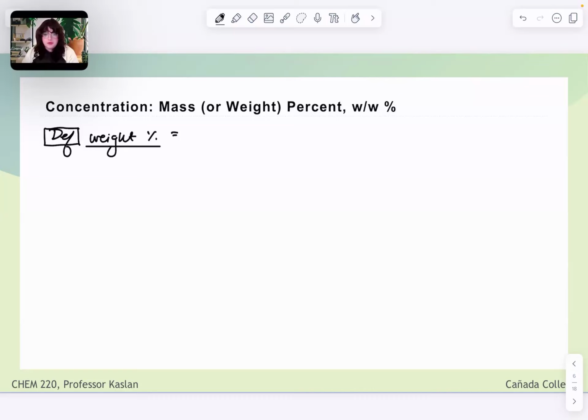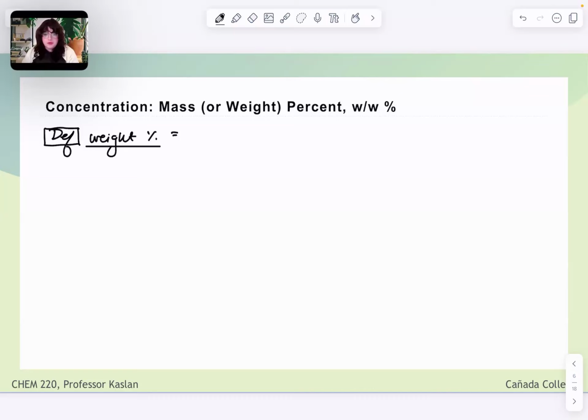So weight percent, just like any other percent, is a part over a total. Here, if it's by weight, this is going to be the mass of solute expressed per mass of solution and then scaled to make a percentage.